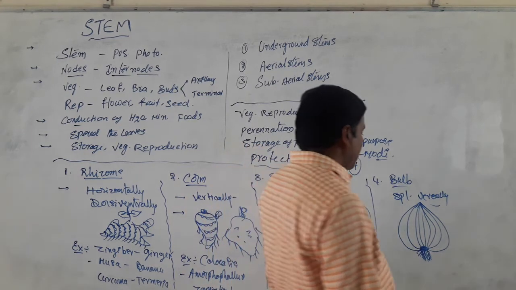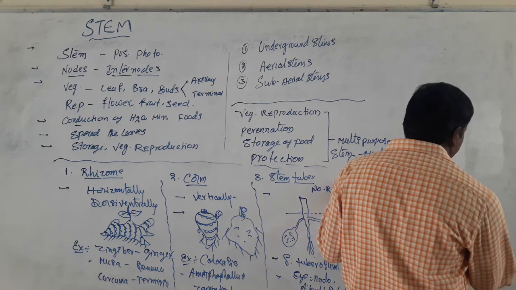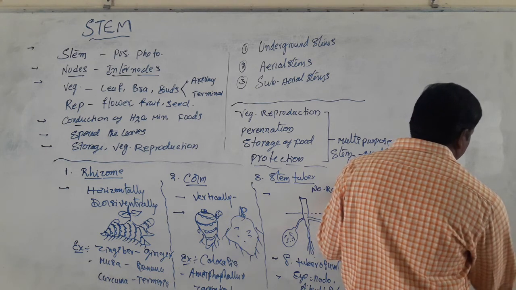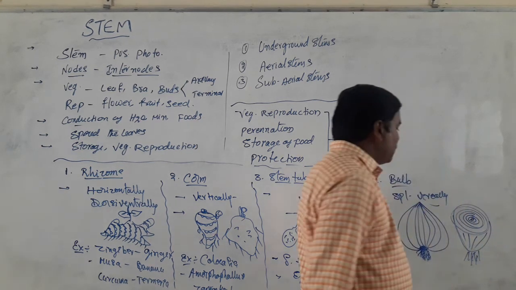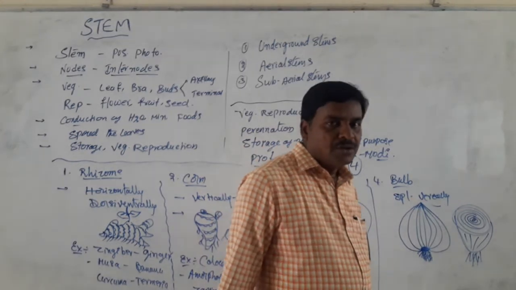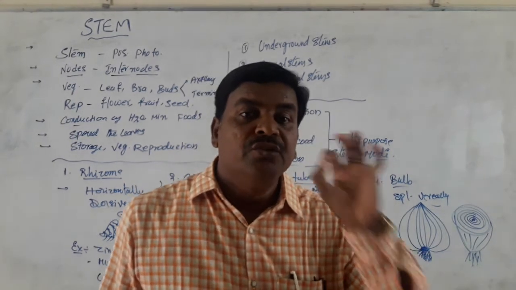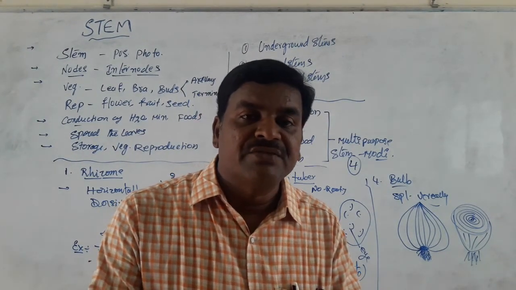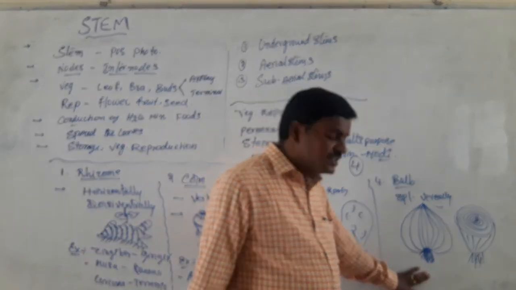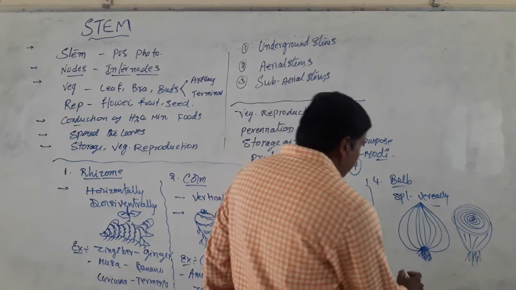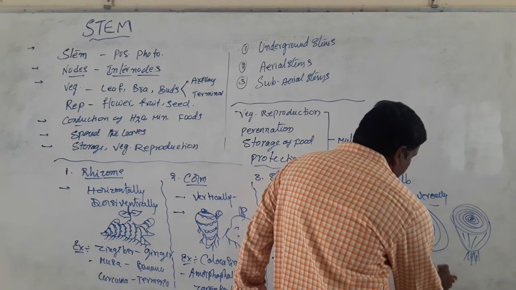For example, this is the outlook, and this is the transverse section of a bulb. Some bulbs are covered by a tunic, a dry membranous, very thin scale leaf present external to the bulb. A bulb with a tunic is called a tunicated bulb.